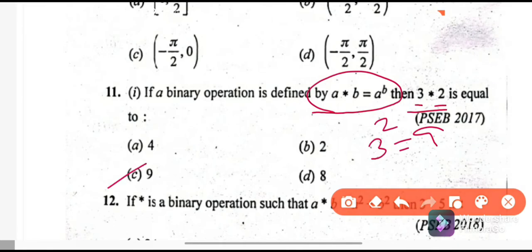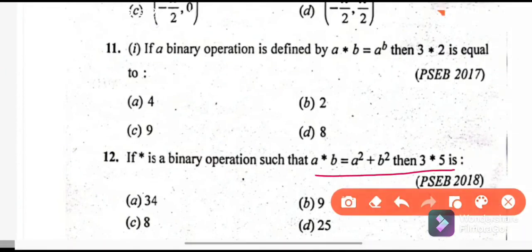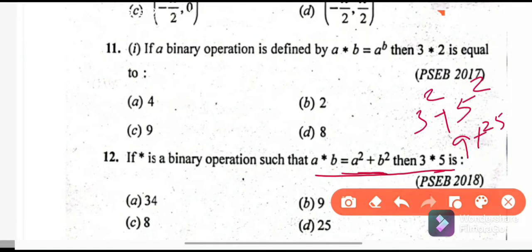So C is the right answer. Now in the next question, a is equal to 3 and b is equal to 5. 3 square plus 5 square, 9 plus 25, that is 34. A option.